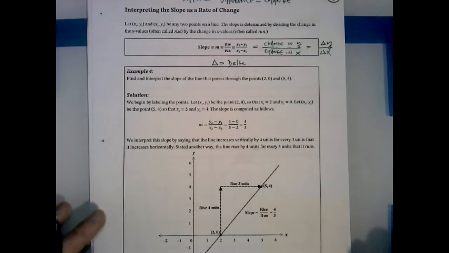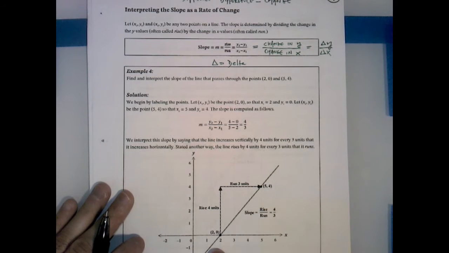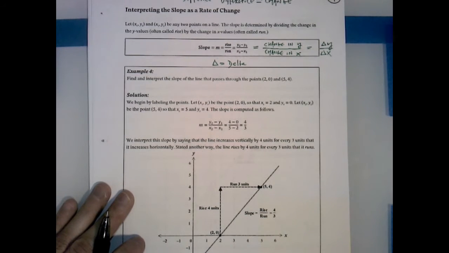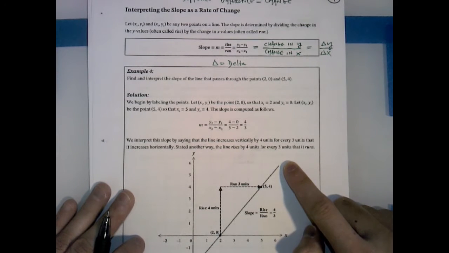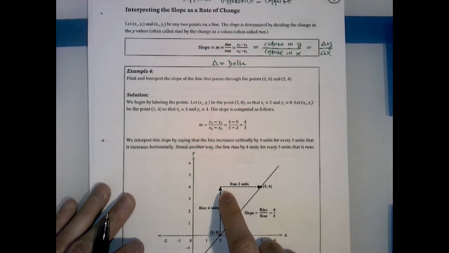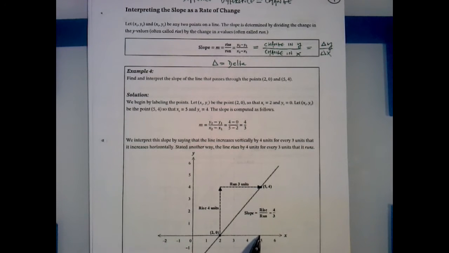The point is that lines have constant change. This is the main thing about lines: the change for a line is always constant. It's just a number. For example, here we've got a line going up. How is it going up? For every 3 units you run to the right, it goes up 4 units.